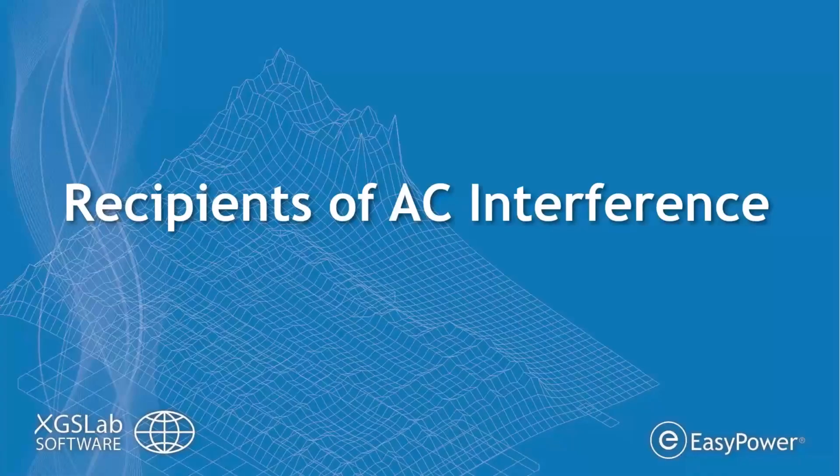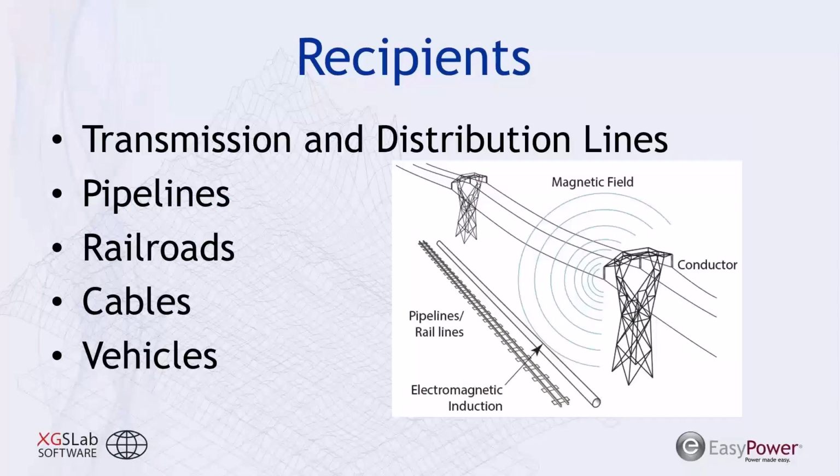So I want to talk a little bit about other recipients before we dive into pipelines and go into actually modeling approaches. So typical recipients for AC interference are other transmission and distribution lines. Those are parallel metallic objects, and it can be a hazard if we have maintenance on one line where we can induce or capacitively couple voltages from our energized lines to our de-energized lines.